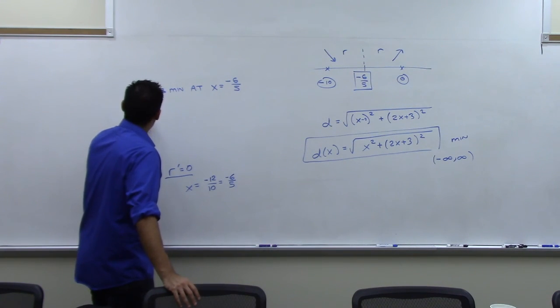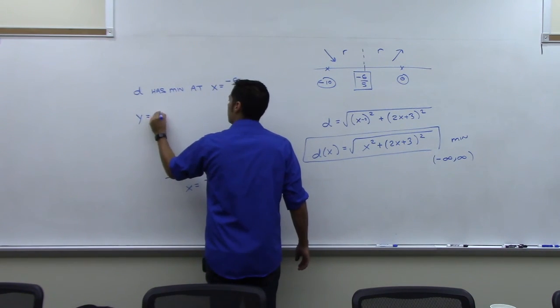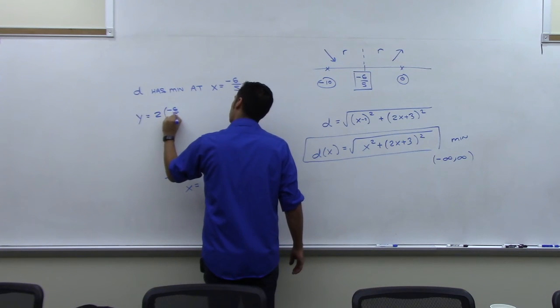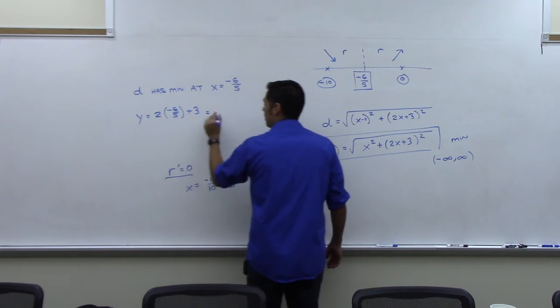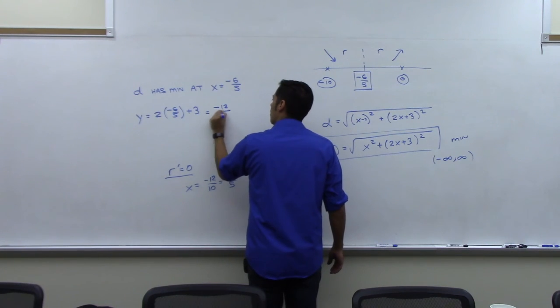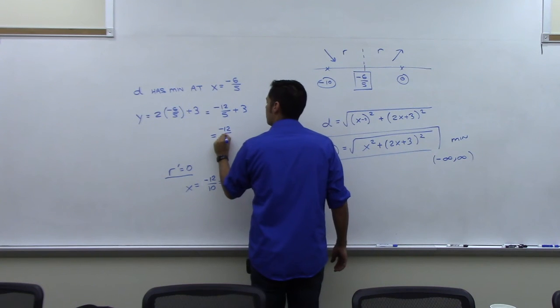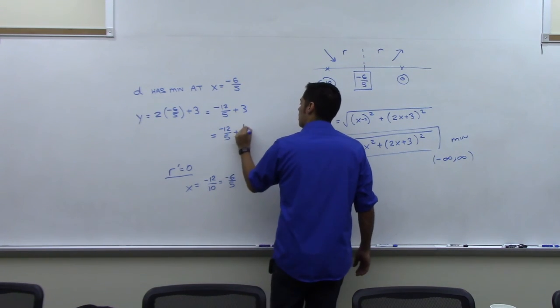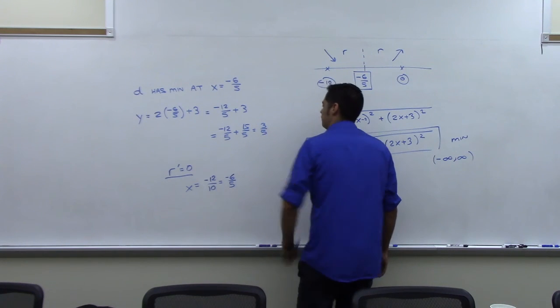To get the y, we go back to the equation. The equation was 2x plus 3. So 2 times negative 6/5 plus 3. So you get negative 12/5 plus 3. Get a common denominator, negative 12/5 plus 15/5, which is 3/5.